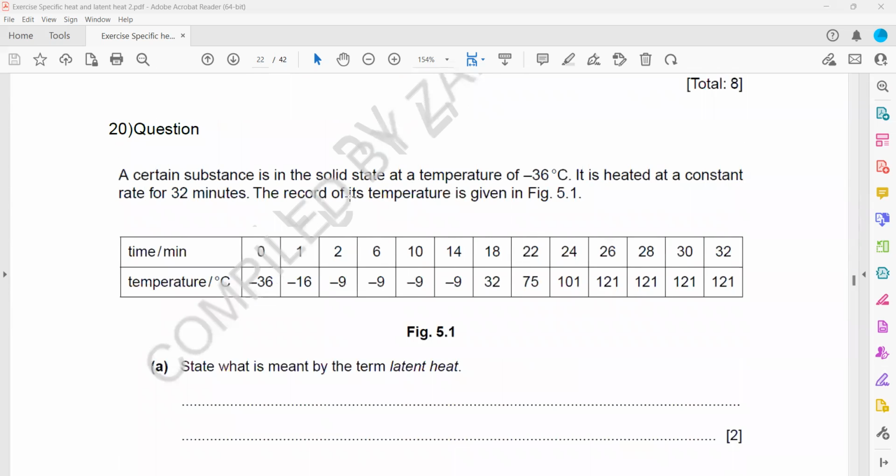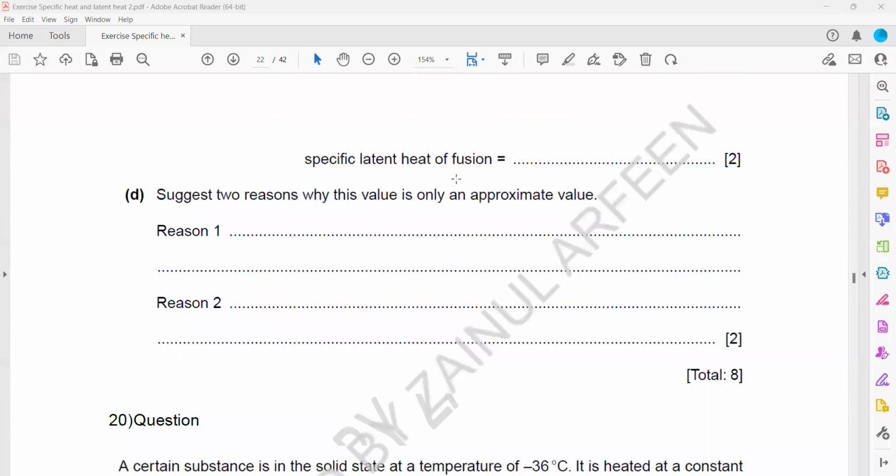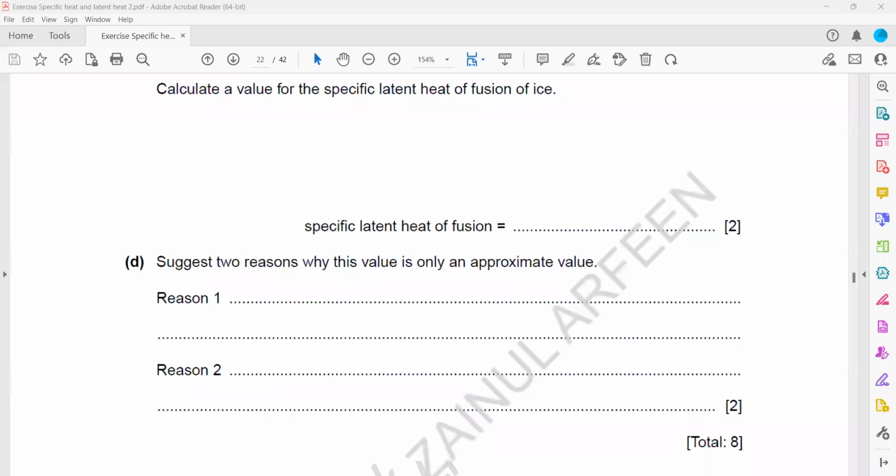In question 20, is it clear, the last one, the two reasons?